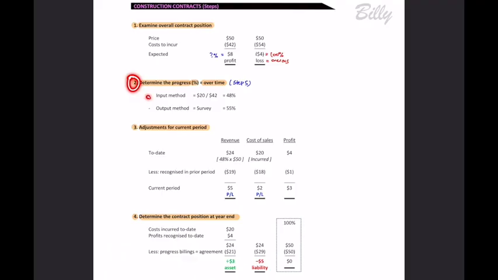It can be based on input method, it can be based on output method. Step 3 is to apply the percentage to account for the current period revenue and current period cost of sales. Step 4 is to determine the contract position at the end of the reporting period, the amount to be reported in the statement of financial position.